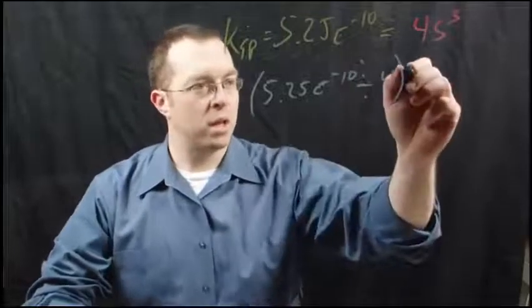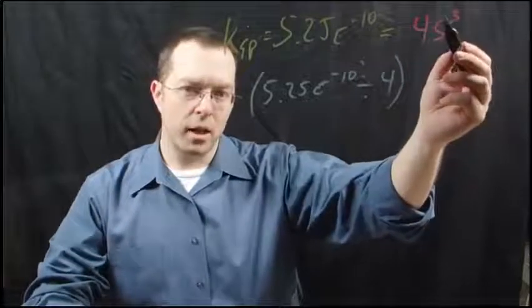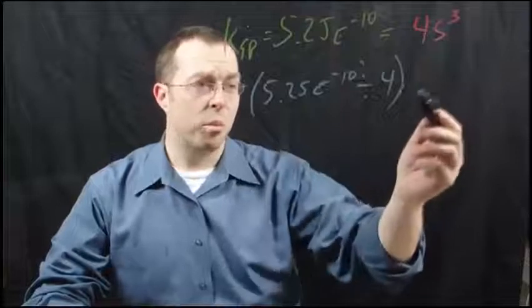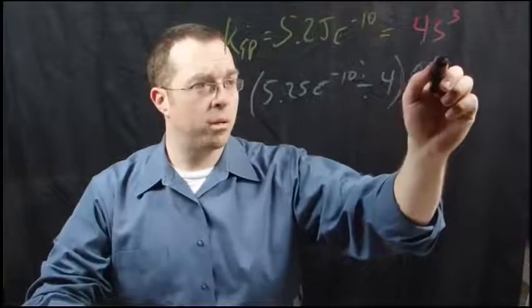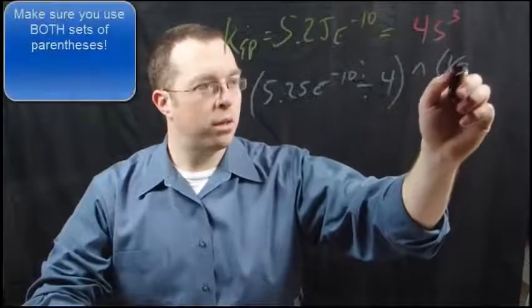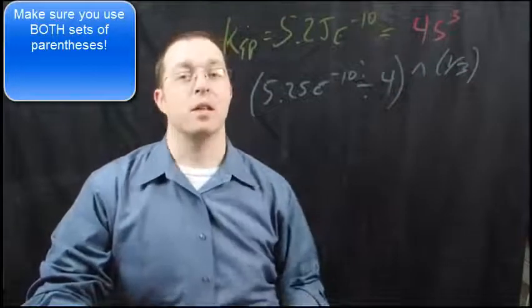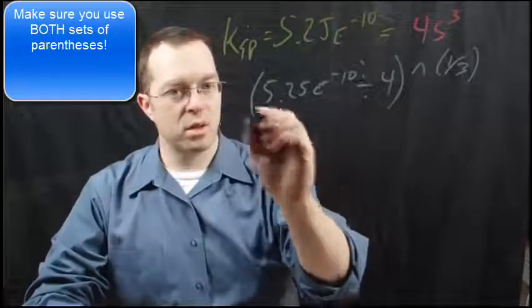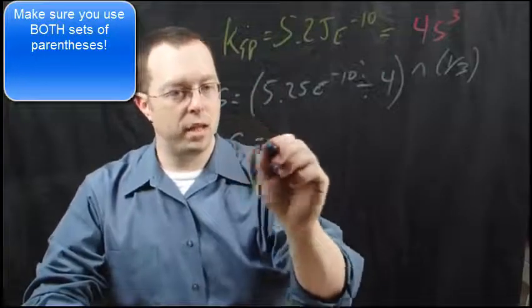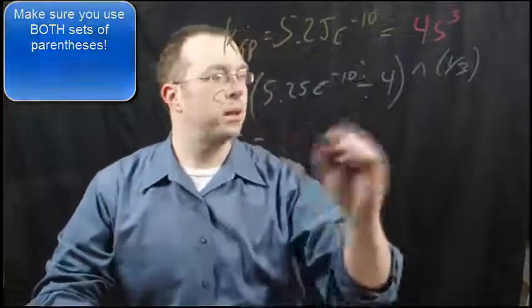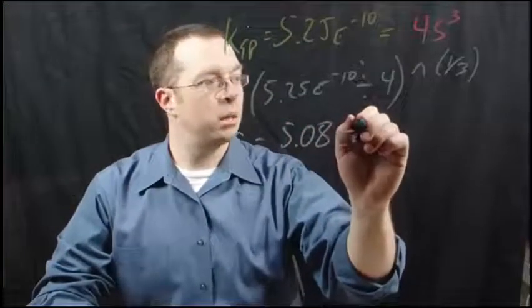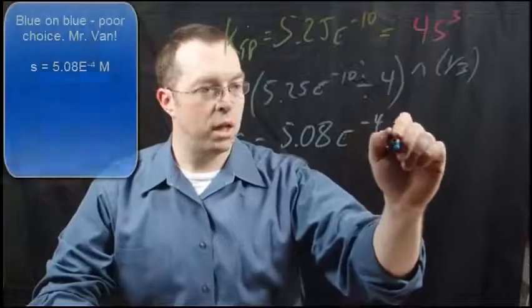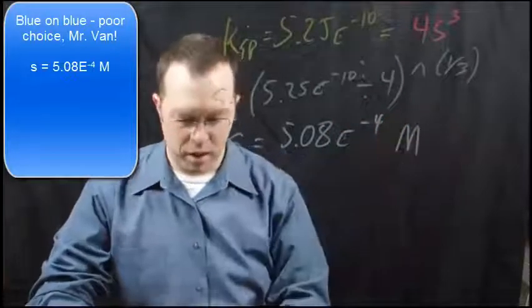That in the parentheses, and a lot of calculators don't have a cube root, but most of the time you can use the caret button to raise to the power of 1/3, which is the same thing as taking the cube root. This gives us a value of S equal to 5.08 times 10 to the minus 4th, and these would be in molar.